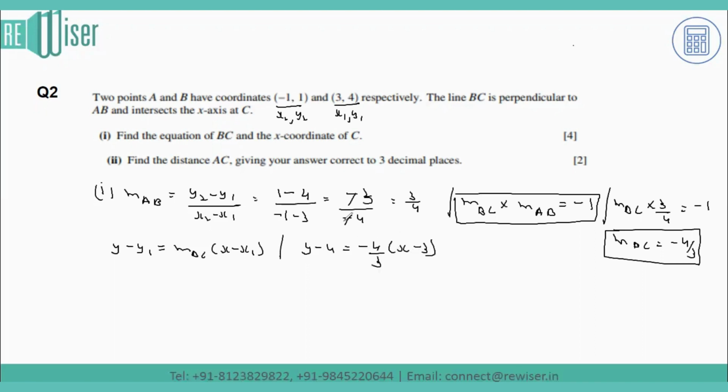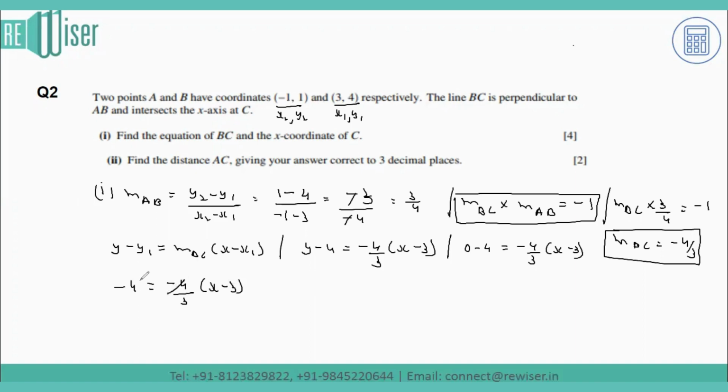Now, this is the equation of the line BC and it meets the x-axis at point C. So we have to put y equals 0. Placing y equals 0, I get 0 minus 4 equals -4 by 3 into x minus 3.